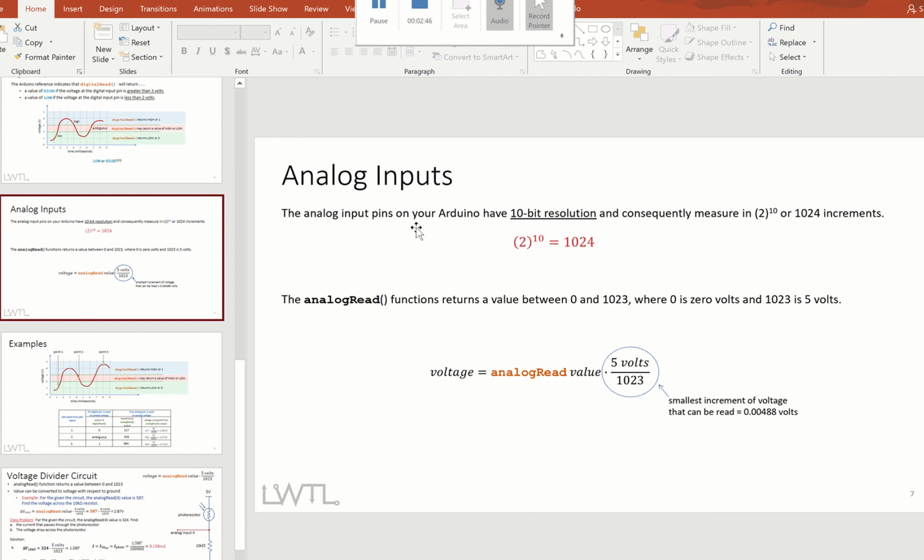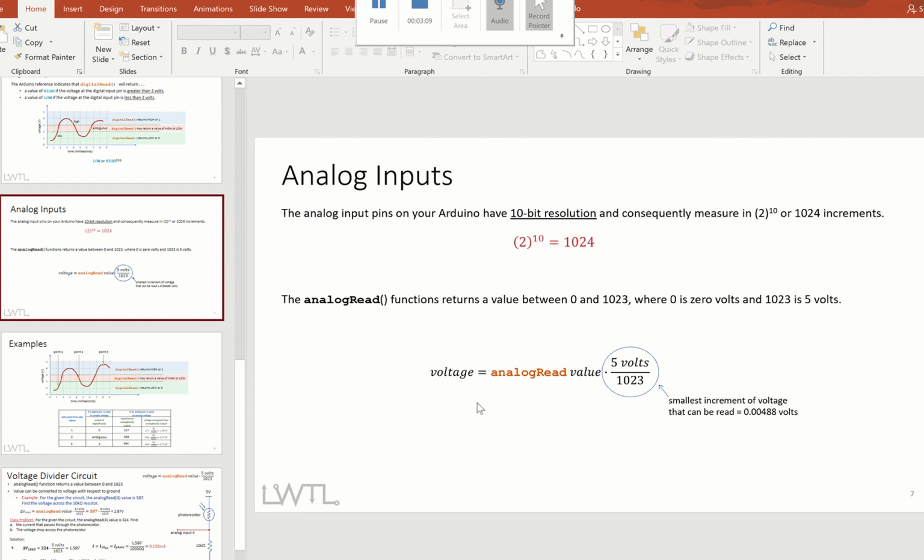Okay, so now let's take a look at this one. Since the analog pin on your Arduino is 10-bit, that's 2 to the power of 10, which is 1024. Since we start with 0 and end with 1023, there are 1024 numbers in there. Again, 0 corresponds to 0 volts, and analog 1023 corresponds to 5 volts.